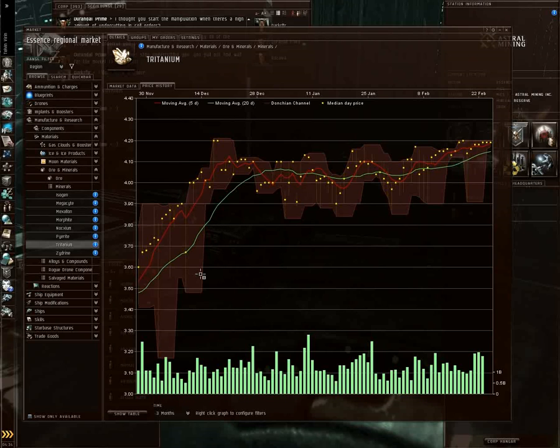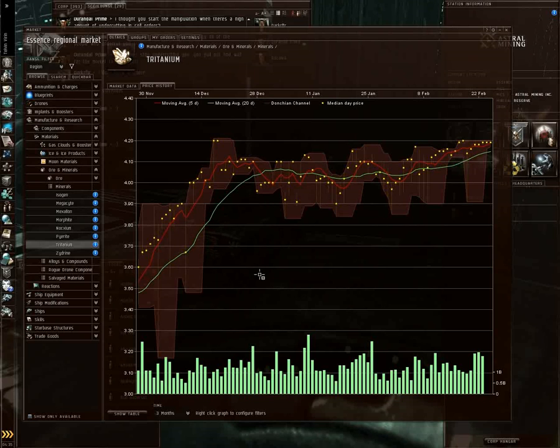So when the green is above the red, you will see that the red is actually pulling the green average down. So in these days, you would actually be interested in buying and then selling and selling and buying and selling. Well, the buy low and sell high, we already covered that.